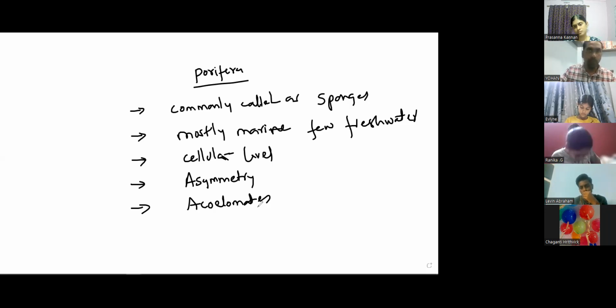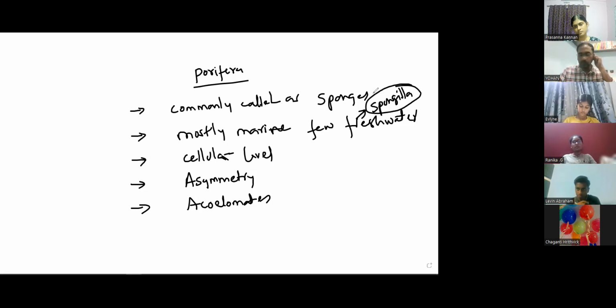Commonly called sponges, mostly marine, few freshwater. Example for this freshwater form, Spongilla is a freshwater form. Mostly marine, few freshwater, cellular level, asymmetry, acoelomates.